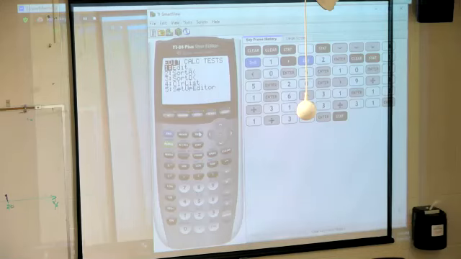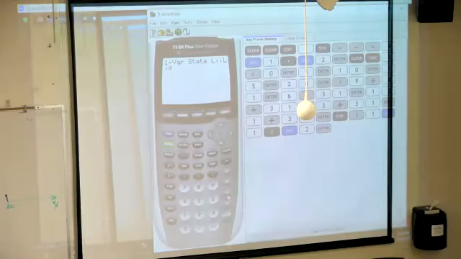If you have the older version, it is 1-Var Stats, second 1, comma, second 2. I believe I skipped that 1-Var Stats part. The List, Freq, and Calculate is under 1-Var Stats. Good, and enter.